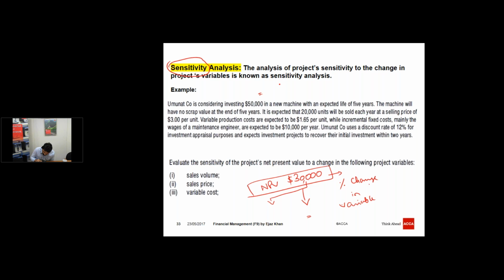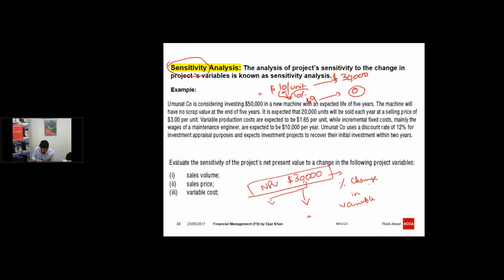Say, for example, our price is $10 per unit, and at this price, with all other project variables being constant, we are getting 30,000 NPV. Say a 10% fall in this price will make the price 9, and it will make the NPV 0. So a 10% fall in the price has resulted in 0 NPV.